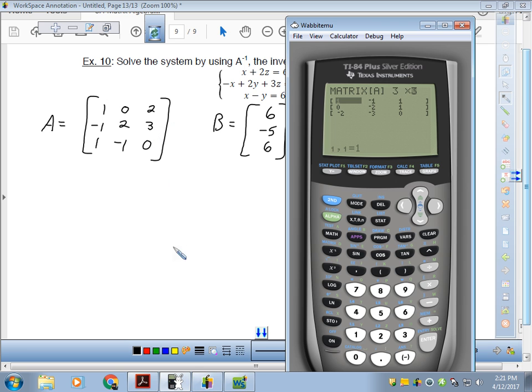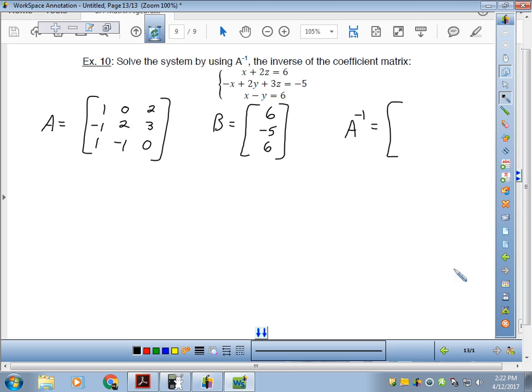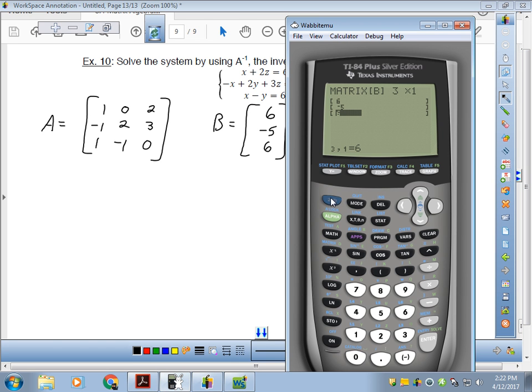But I'm just going to put in these numbers: 1, 0, 2, -1, 2, 3, 1, -1, and 0. I'll quit. I'm going to go back over to edit. I'm going to edit the B matrix. Now this is a 3 by 1, 3 rows in 1 column. And it has 6, -5, and 6 in it. And then I will quit.